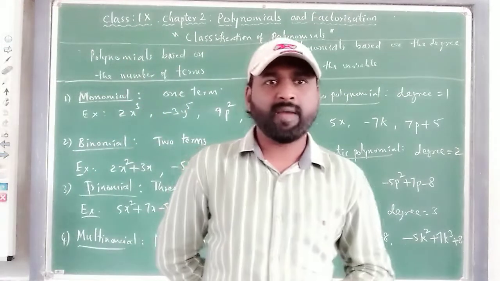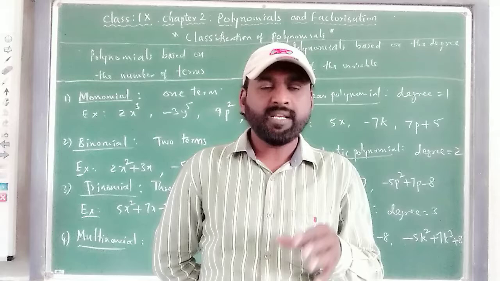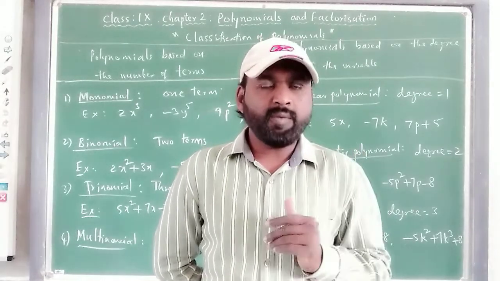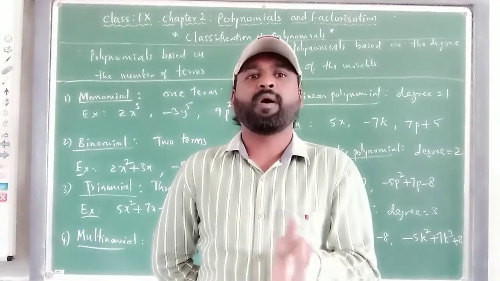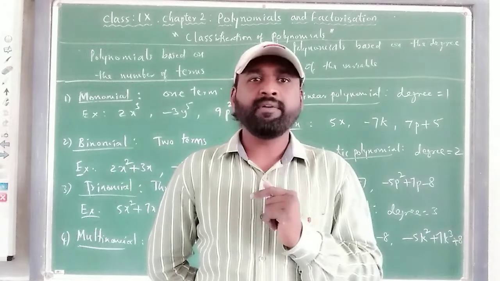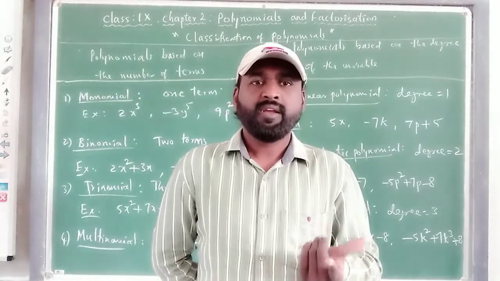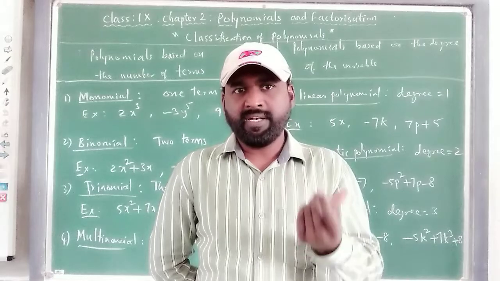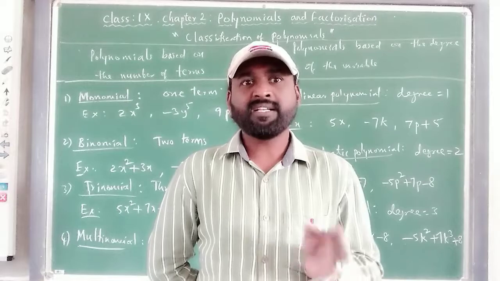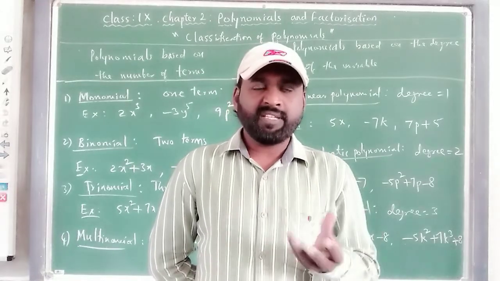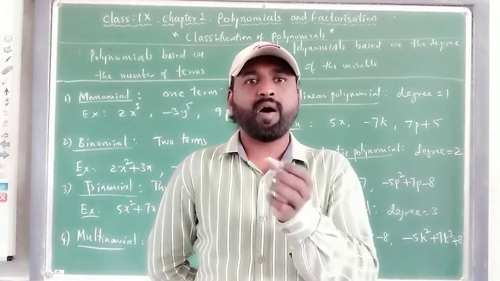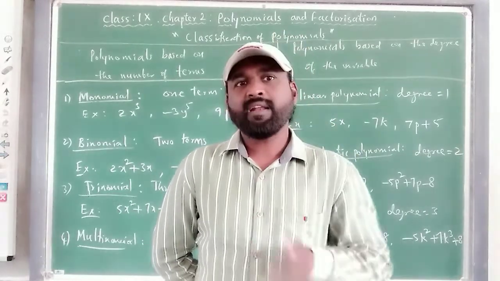What is meant by polynomial? An algebraic expression in which the variables involved should have only non-negative, that is positive integral powers. That means the variable should not have negative integers as exponents. If the variables have negative integers as exponents, it is not called a polynomial. It may be an algebraic expression, but it is not called a polynomial. Whatever variables are involved in an algebraic expression, all of them should contain only positive integers as their exponents.